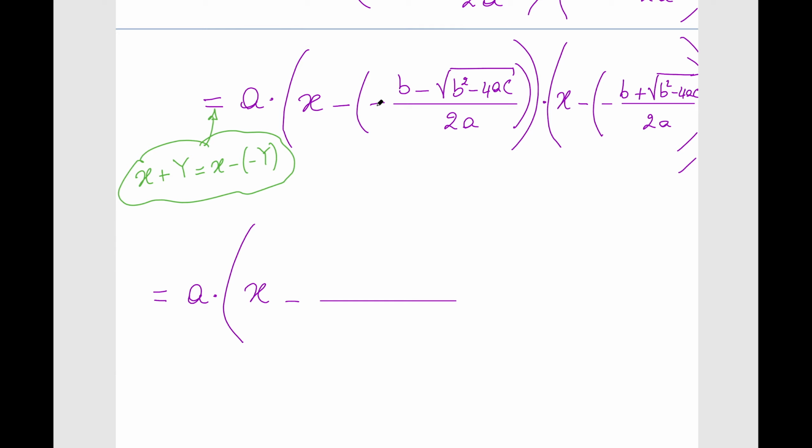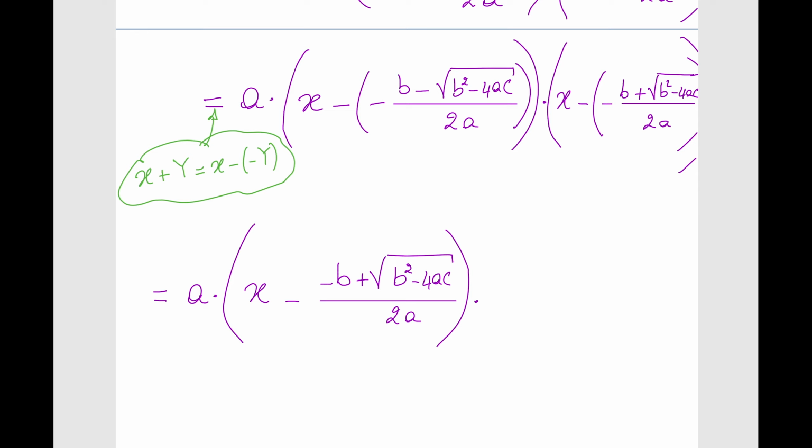That minus here, the second one. Bring it upstairs, minus the b, and minus times that minus is going to turn this into a plus. So we get minus b plus the square root of b squared minus 4ac, divided by 2a, right? And similarly here, this minus times b is minus b, and this minus times the plus is going to be minus the square root.